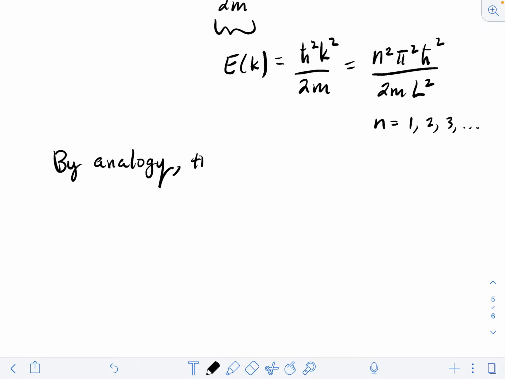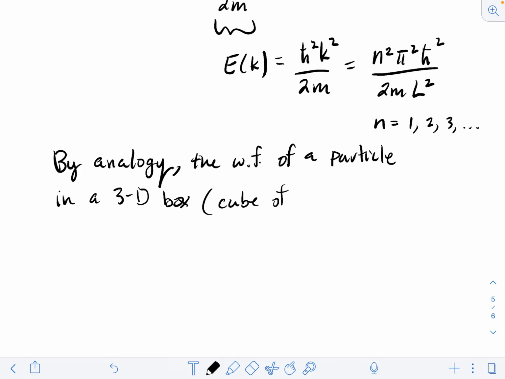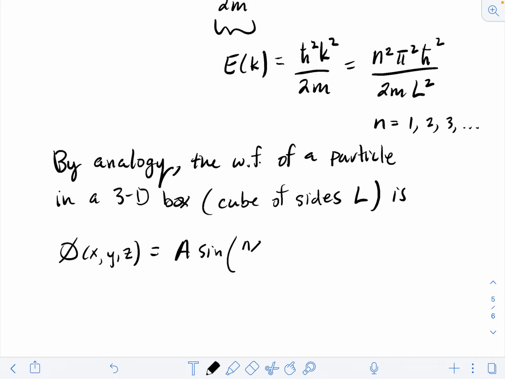So by analogy, the wave function of a particle in a 3D box, let's say a cube of sides length L, is, well, we're just going to have the same restrictions in all 3 dimensions, and so we'll have to set up standing waves along all 3 of the axes.